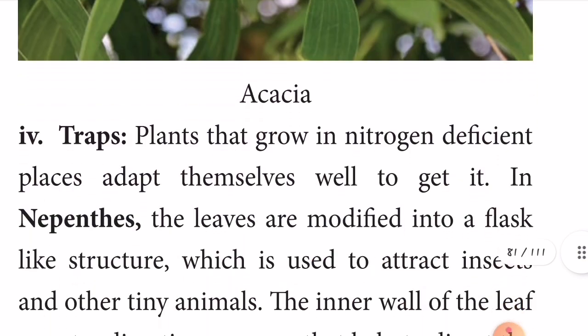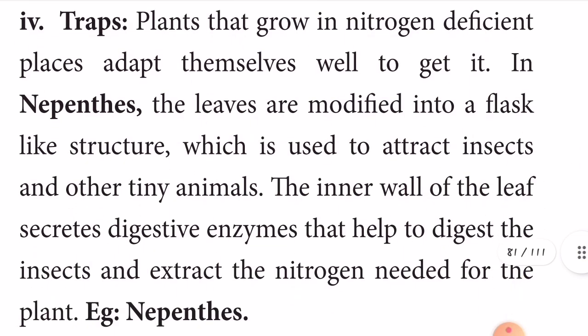And the fourth one is traps. What are traps? These are found in plants that grow in nitrogen-deficient places and adapt themselves to get more nutrients. In the Nepenthes plant, the leaves are modified into a flask-like structure.